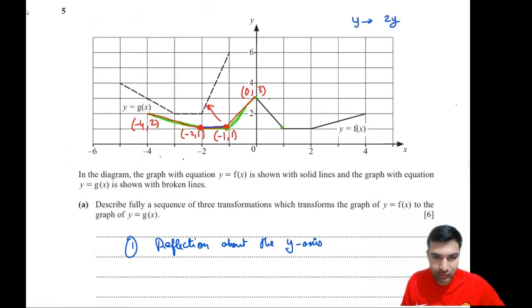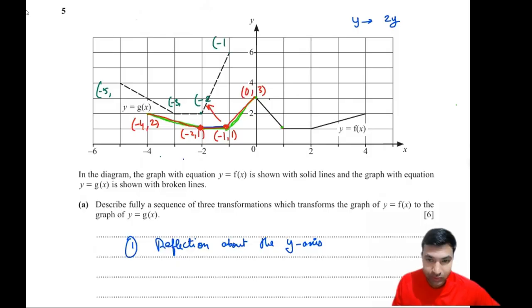If I look at the x coordinates of this final graph, that is basically -5, only the x coordinate I'm putting, and this becomes -3, this becomes -2, and this becomes -1. Just look at the x coordinates here.